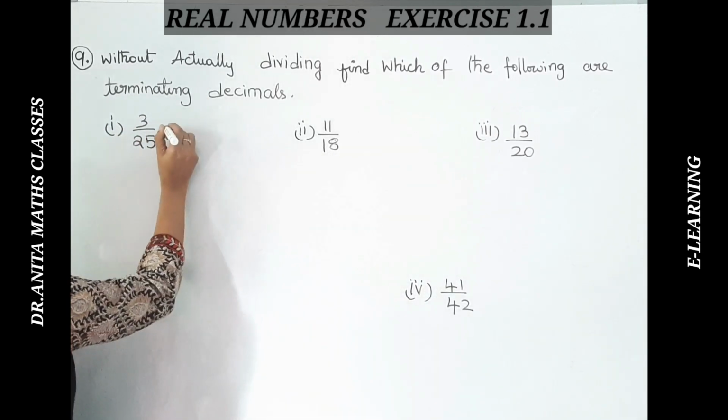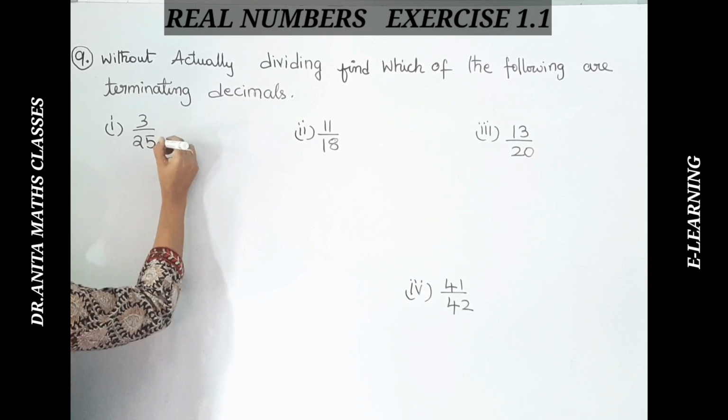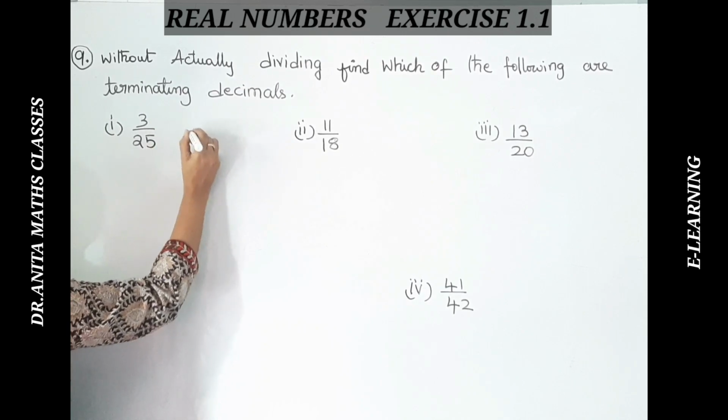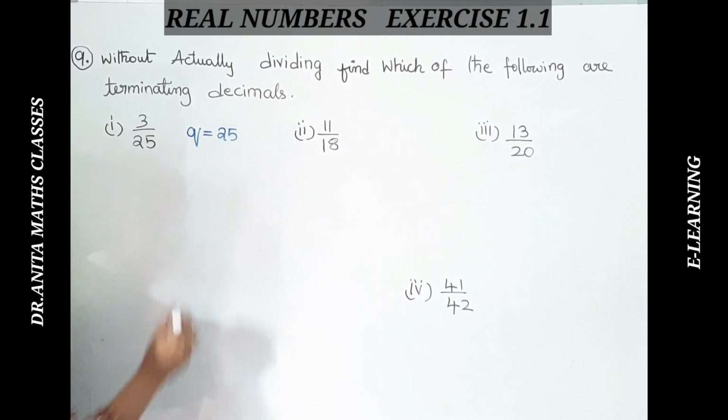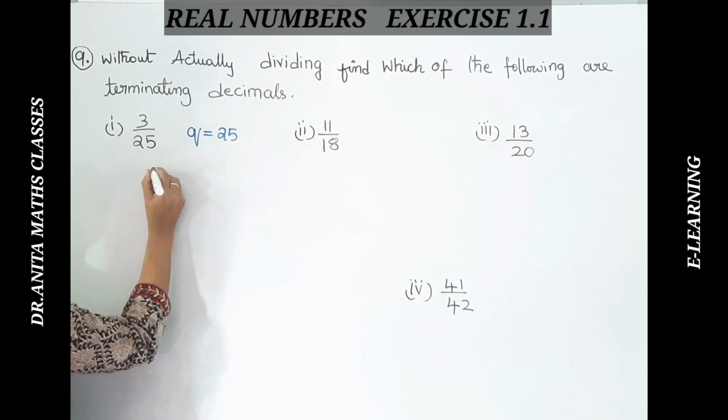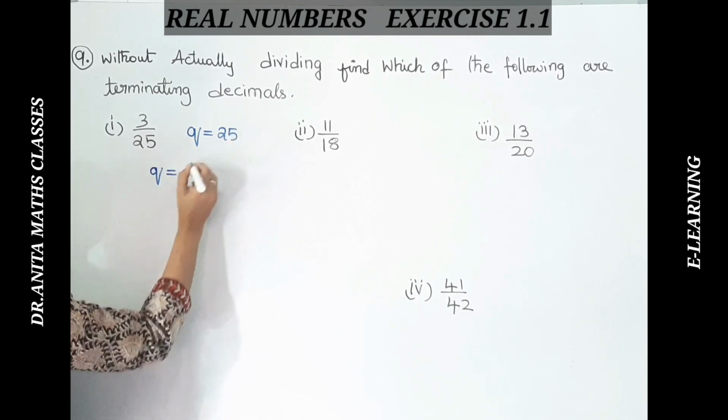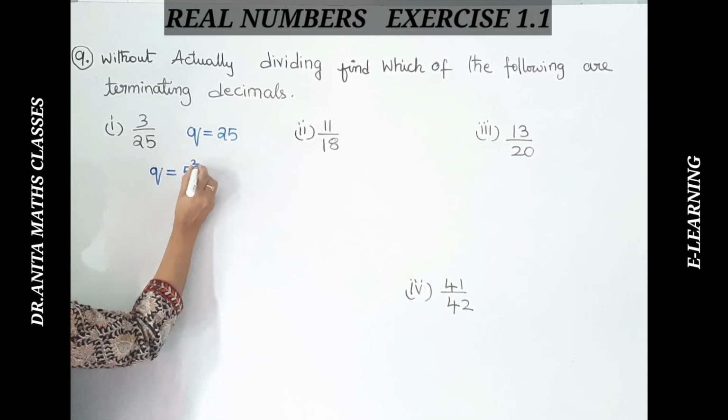Here, when this is in the p by q form, the denominator is q. So here q is equal to 25. Take the denominator's prime factors, write down the denominator's prime factors. So the denominator's prime factor is 5 square, I can write.